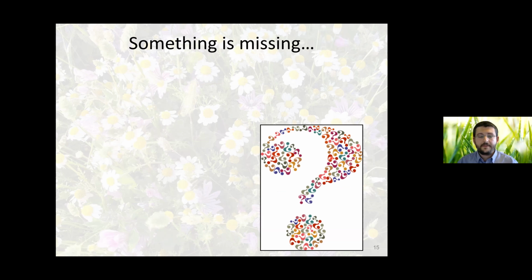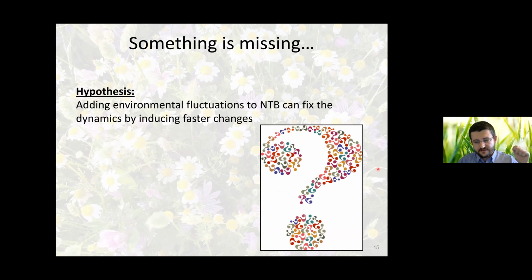And I hypothesized that if we add environmental fluctuations to neutral theory, this can fix the dynamics by introducing faster changes. First of all, it makes a lot of sense because we all know that the environment in which species live changes all the time. So it's a sensible hypothesis.